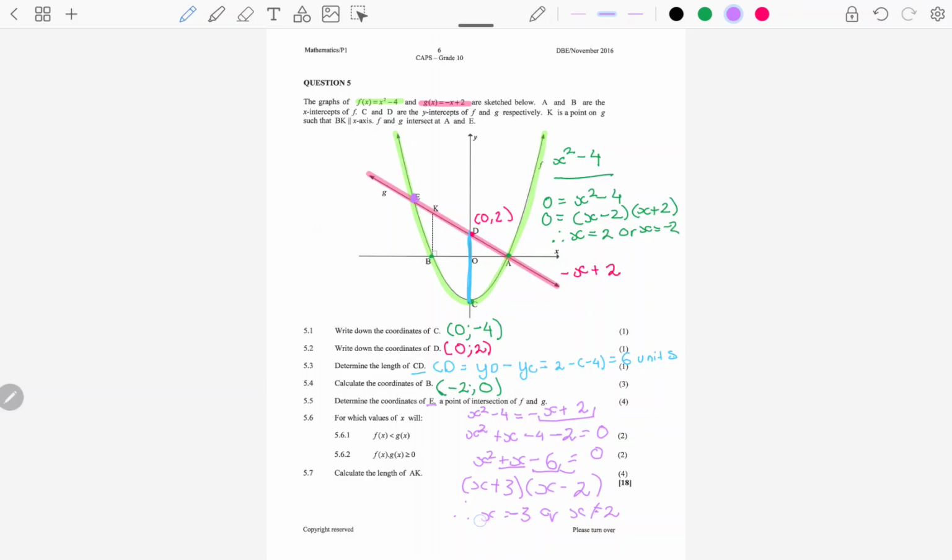Once we found the x value, all we have to do is sub it into one of the equations to get the y value. So I'll sub it into the pink graph, and that will give me the y value of 5. Therefore, E is (-3, 5).